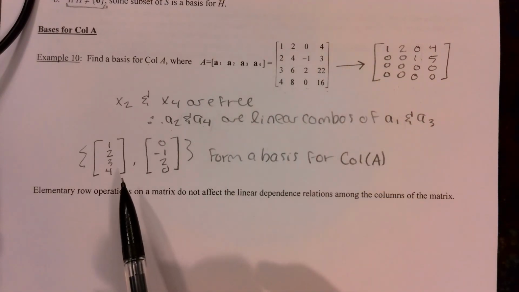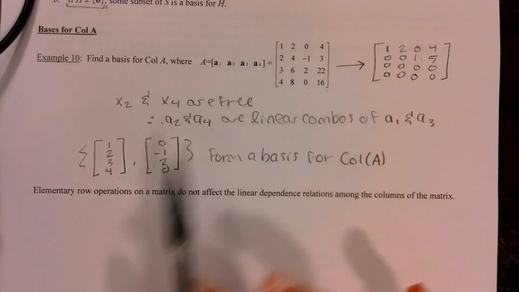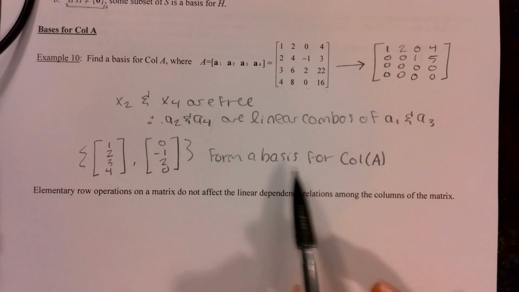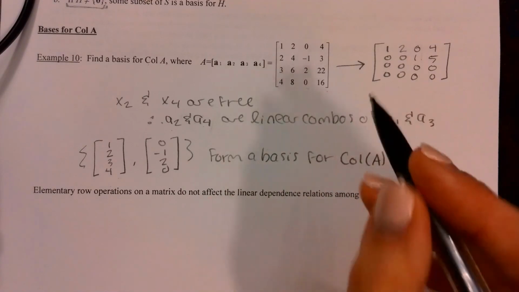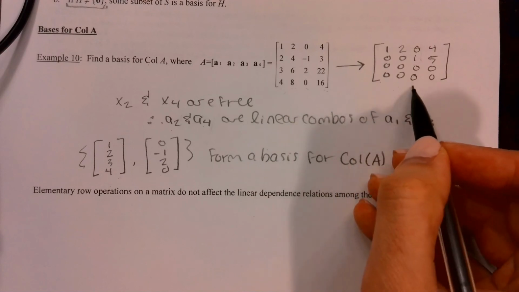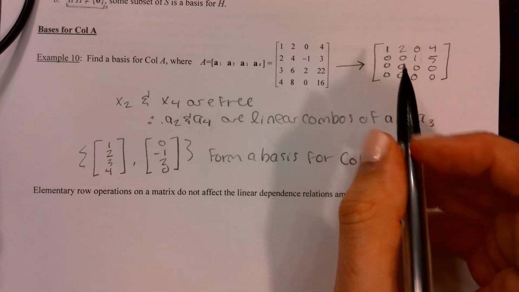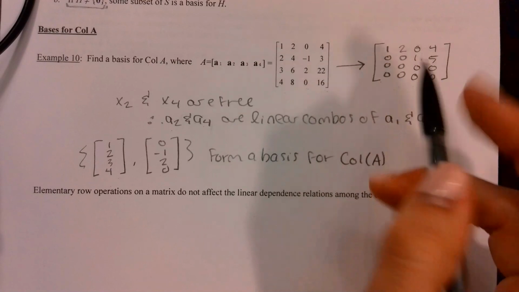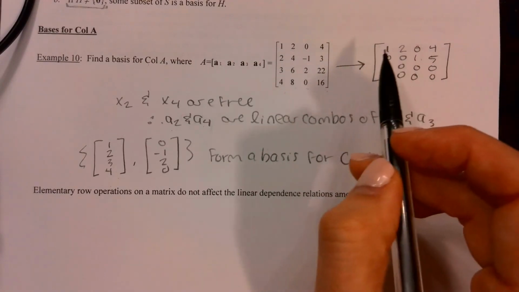Notice though, I used these 2 columns. I had to go back to the original matrix to determine which 2 columns formed a basis for the column space of A, because if I had only used this row reduced column and this row reduced column, I would only be able to create linear combinations that had entries in the first row and the second row.